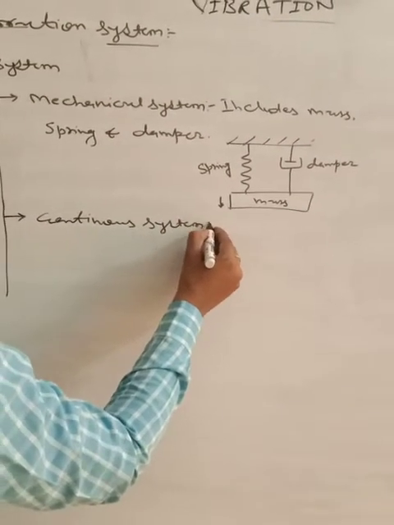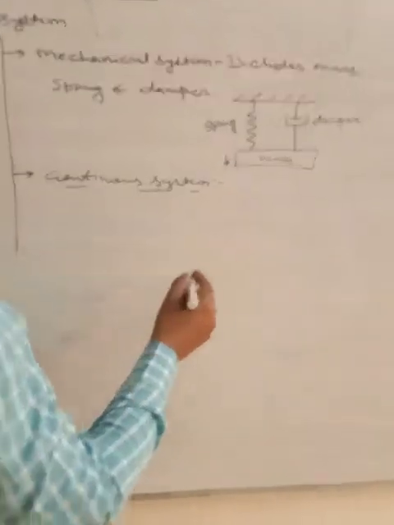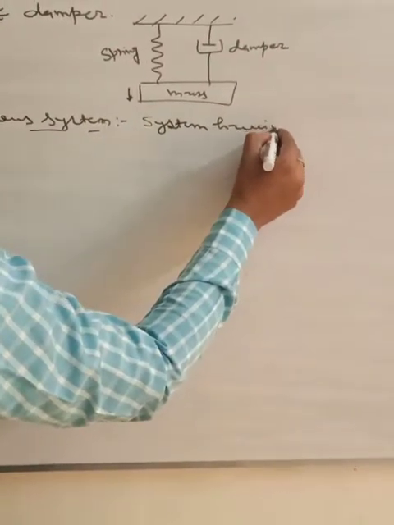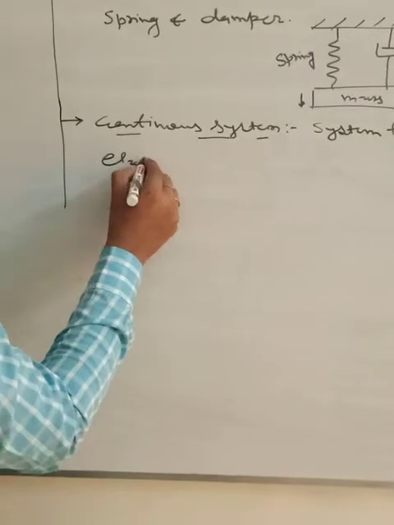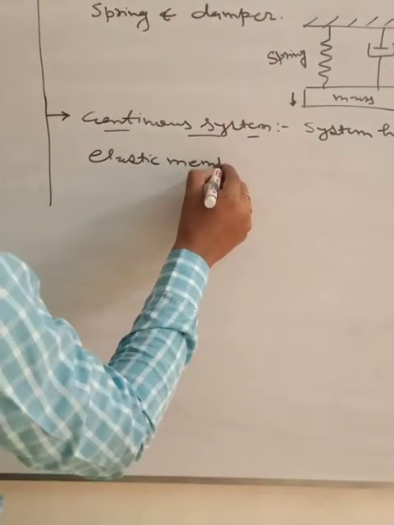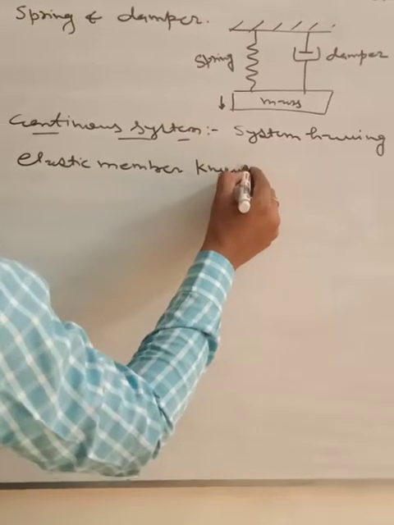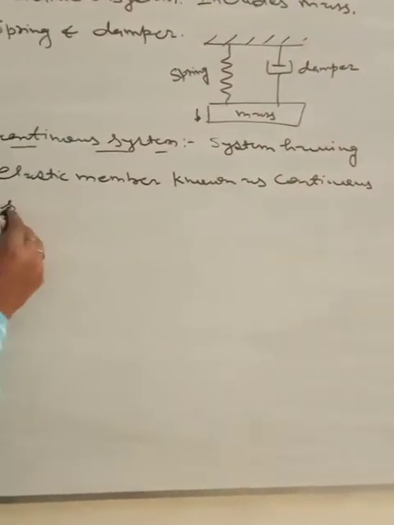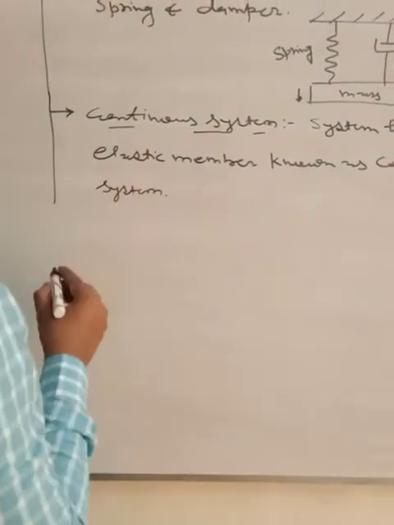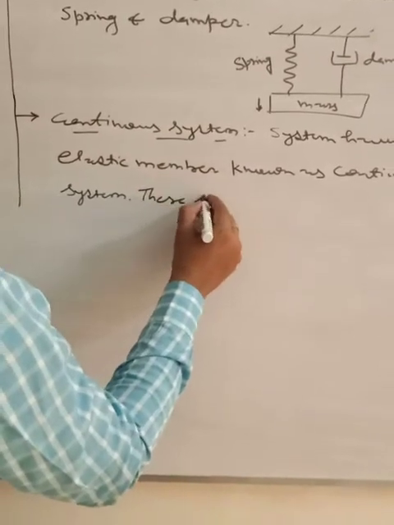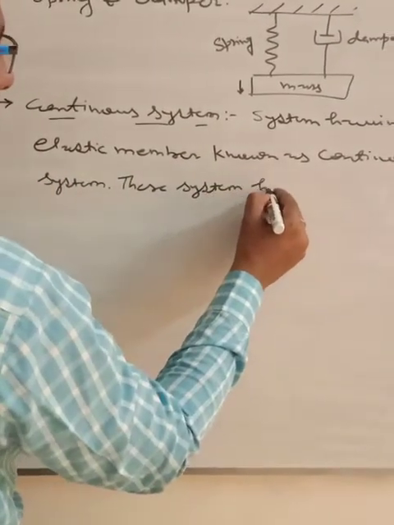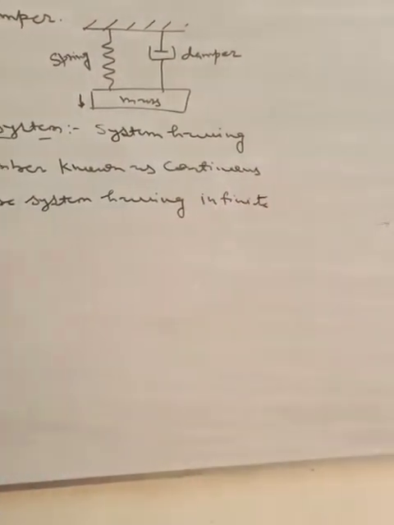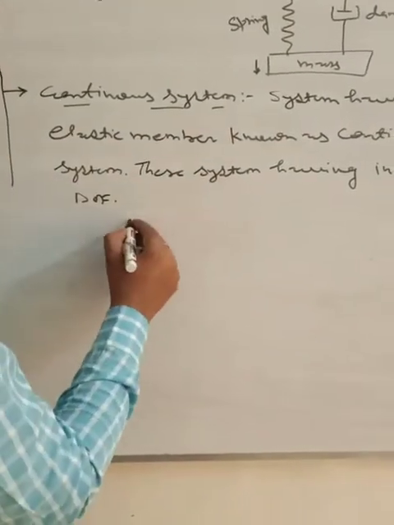Continuous system: a system having elastic members is known as a continuous system. This system has infinite degrees of freedom.